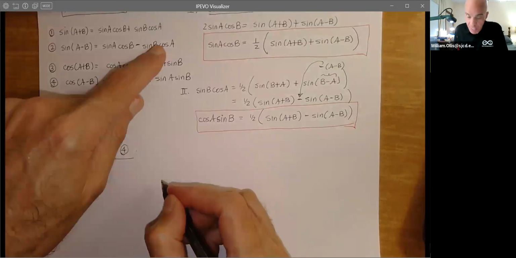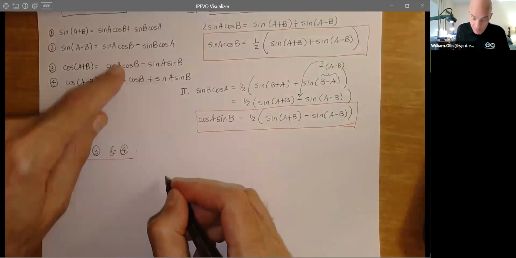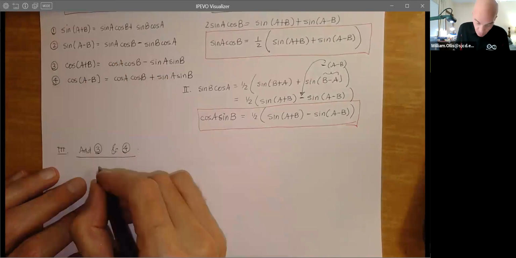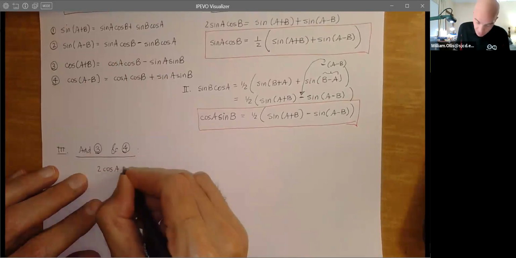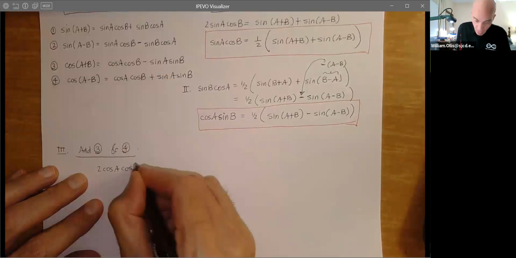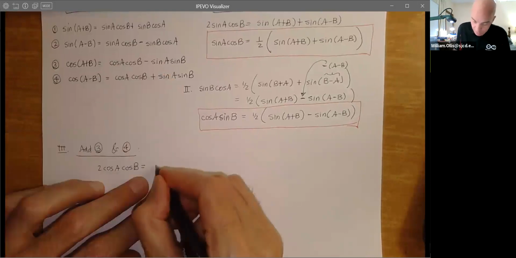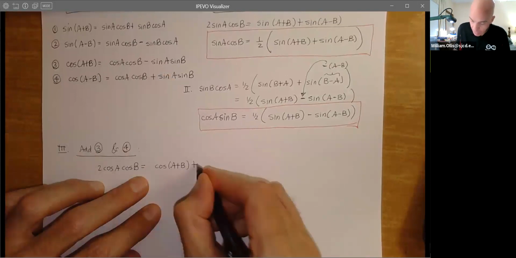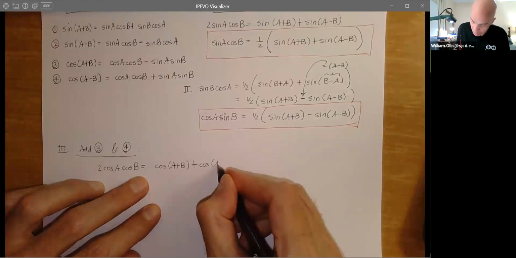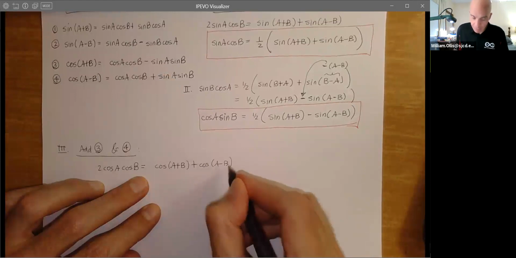So now notice these will absorb, and we're left with 2 copies of these. So we have 2 cosine A cosine B equals cosine A plus B plus cosine A minus B. Now divide by 2.